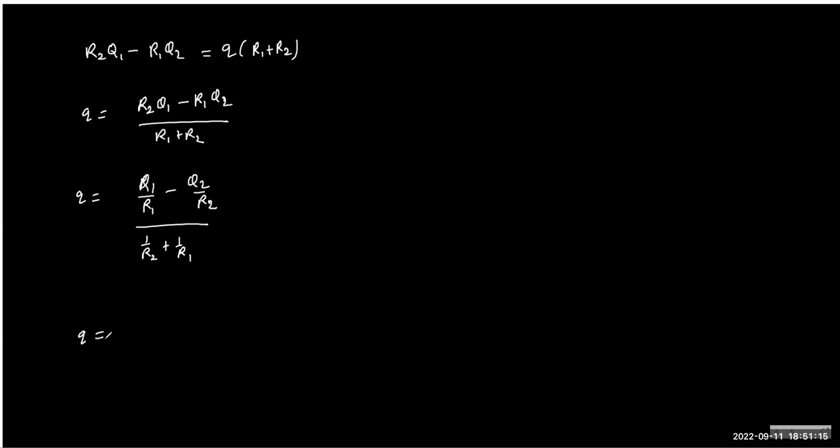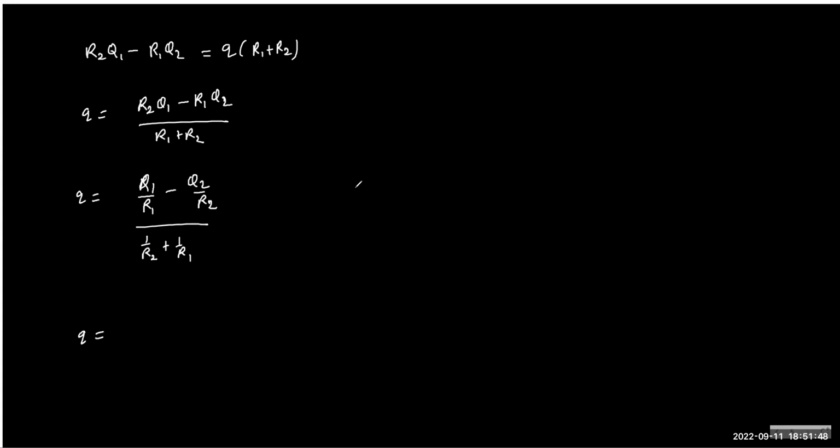And if I want to convert this into the capacitance formula, I can multiply with 4 pi epsilon naught everywhere, because it will not affect the overall answer, isn't it?